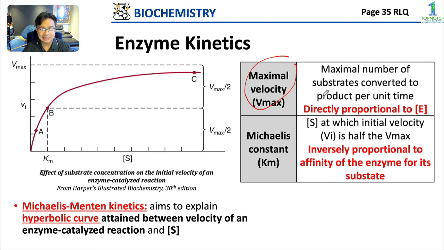It is actually directly proportional to the amount of enzymes present. Michaelis constant naman is inversely proportional to the affinity of the enzyme for its substrate. Therefore, a high Michaelis constant or Km, you have therefore a lower affinity between the enzyme and the substrate.